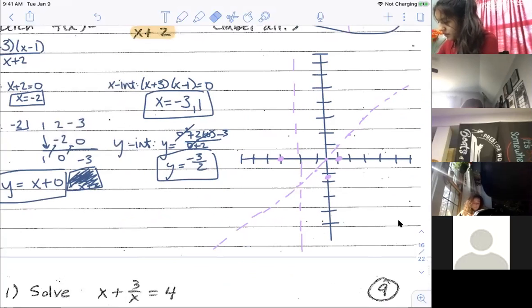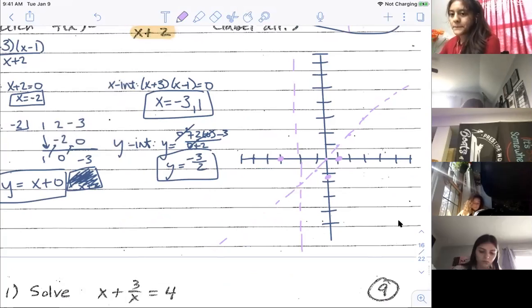Ooh, this is not straight. All right, that's as good as those lines are going to get.